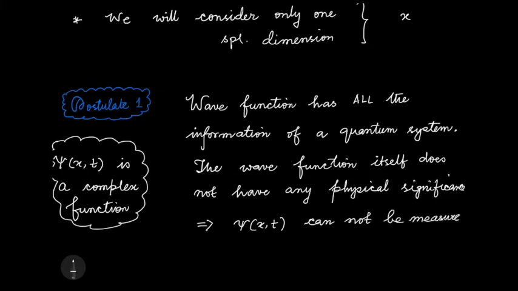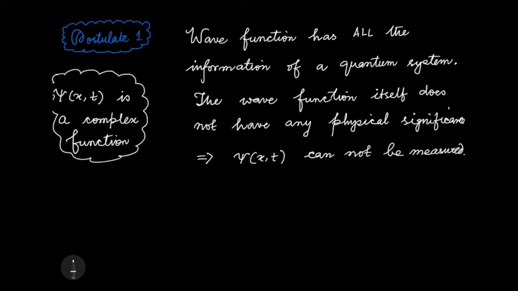So this is rather a mathematical tool to extract information of a physical system. I cannot do an experiment where I can actually measure what is psi(x,t). It's completely different from your classical counterpart of the initial position and momentum, which we have to measure to get the information about the system. In this case, these cannot be measured.